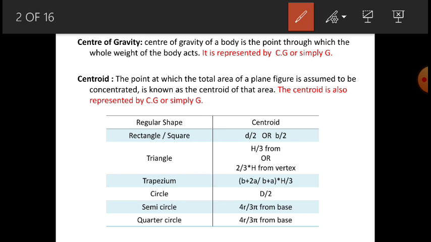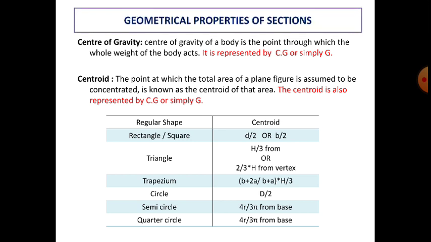For a quarter circle, the formula remains the same, 4r by 3 pi from the base. These are some of the regular shapes whose centroids are found, and remember these centroidal distances will be helpful for solving problems.